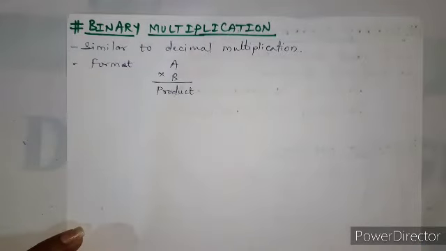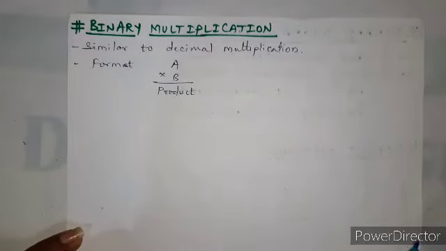So hello friends, welcome to this 13th lecture of digital electronics where we are now discussing binary arithmetic. In the last lecture we have seen binary addition with 4 to 5 rules and a few examples. Now we'll see binary subtraction.